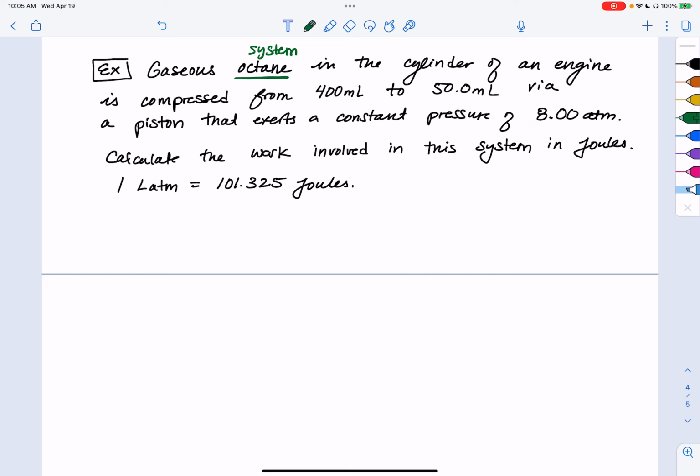Everything else, the container, yada yada, we don't care about. So I have initially octane in a cylinder of an engine compressed from 400 milliliters. This is my initial volume.